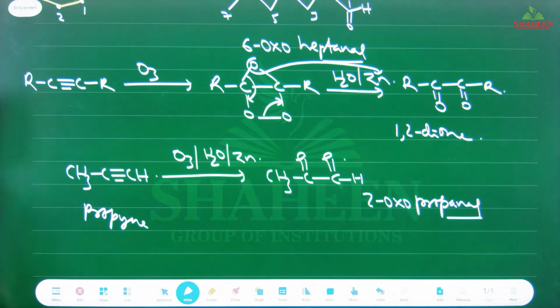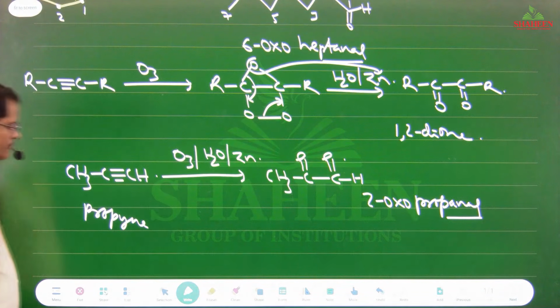Aldehyde and keto functional groups are both available. That's why 2-oxopropanal is the product.